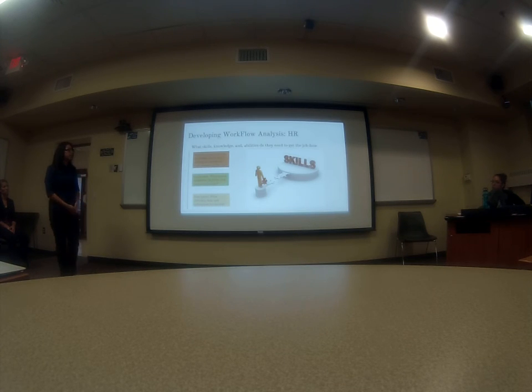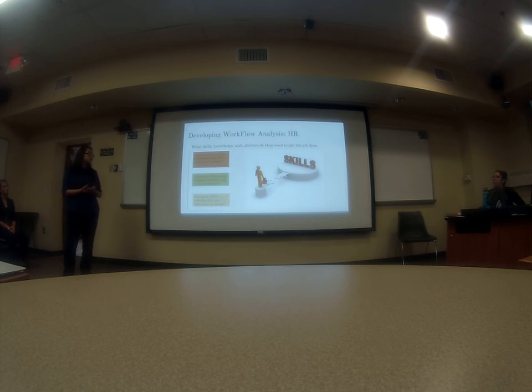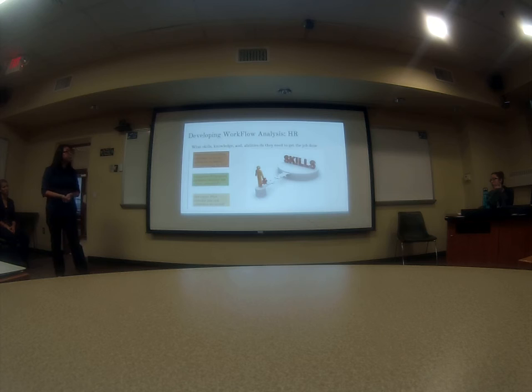And the last step is HR. So basically, the HR people find what skills, knowledge, and abilities they need to get the job done right. Basically, physically and mentally, how would they perform the job, and is it done efficiently?